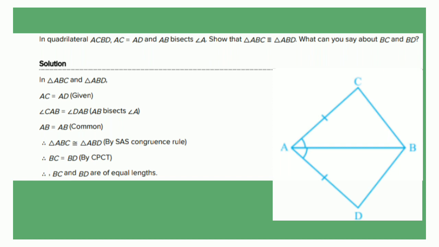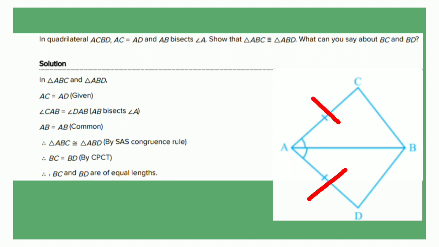Very simple question we have to consider. Here we have a quadrilateral ACBD and AB is the diagonal of this quadrilateral. So we get two triangles, one is triangle ABC and the next is triangle ABD. So we have to prove these two triangles are congruent. See the figure.